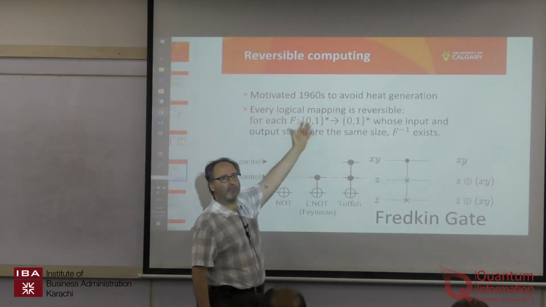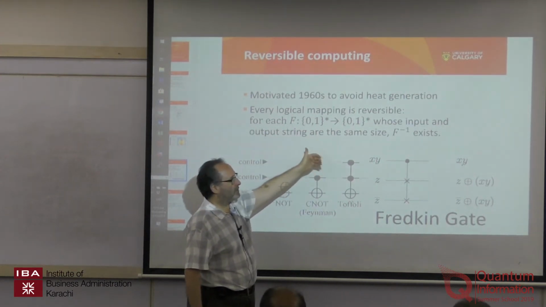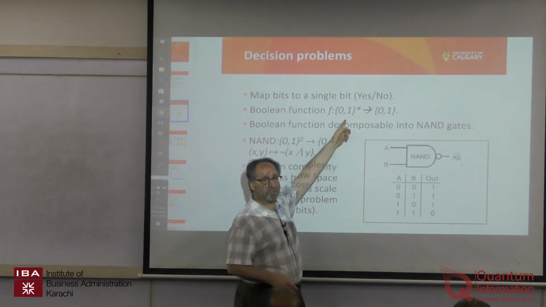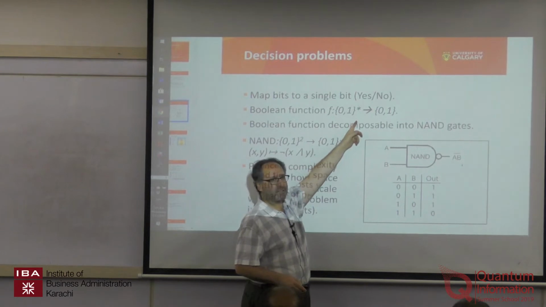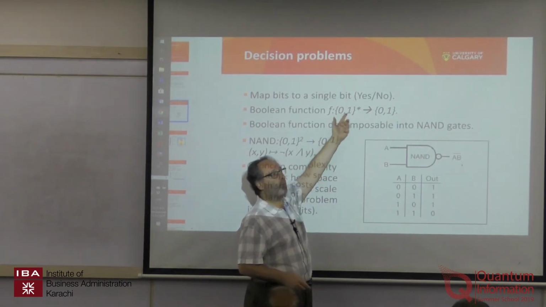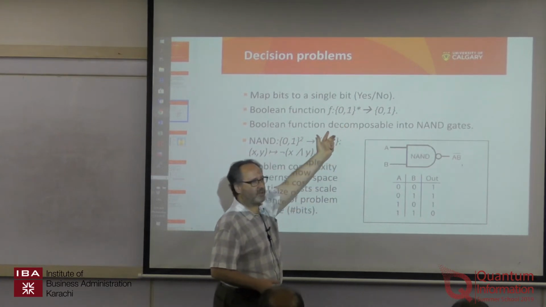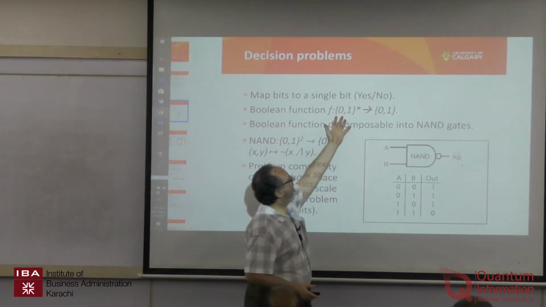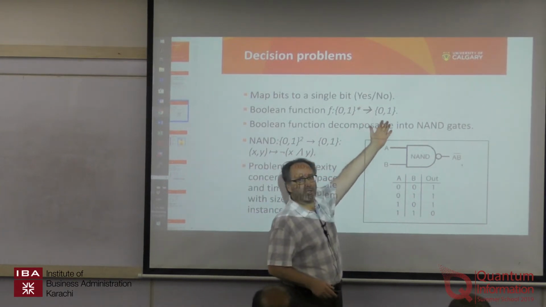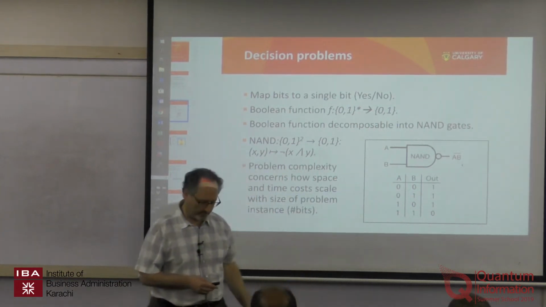So if you have a Boolean function acting on a bit string of some size into a single bit, then you replace the bit string by the bit string with 1 extra bit. I think it was a scratch bit, something to write on. And then you map it to the same size, and the last bit is the answer, and all the early bits are just carried over.